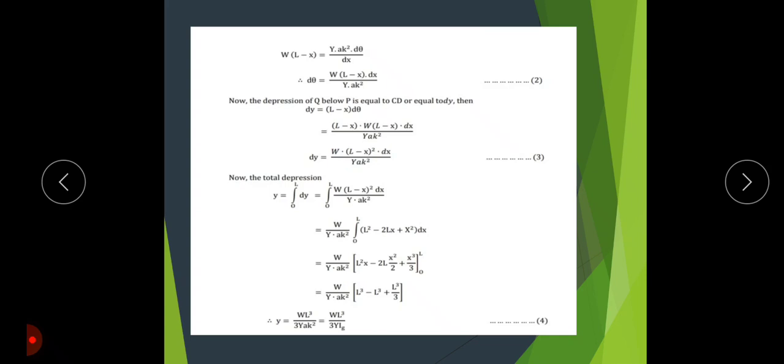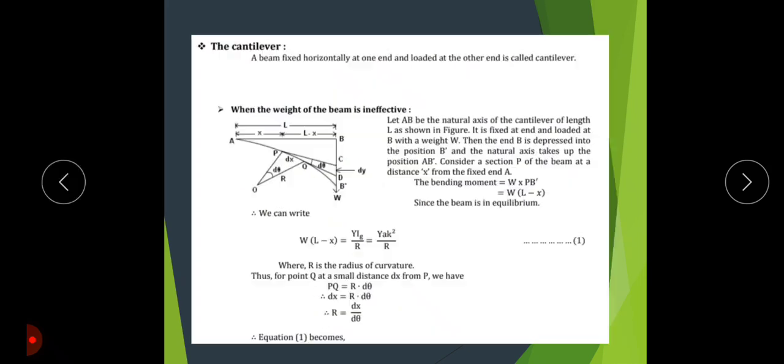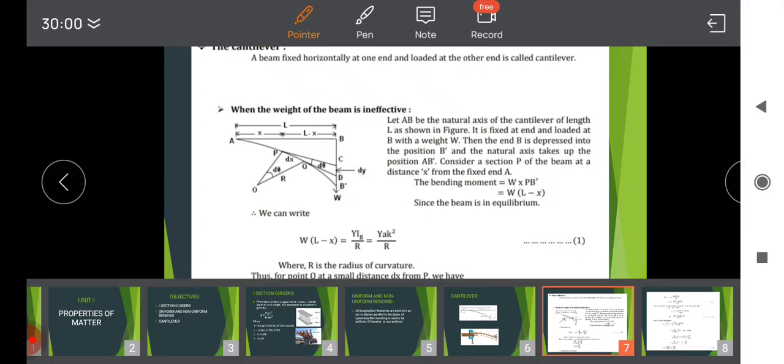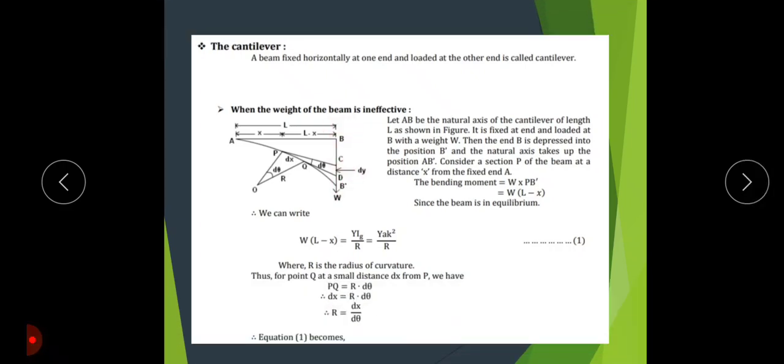Then next, we have to draw tangents to the neutral axis at P and Q. The tangent line drawn from the point P is PC, and the tangent line drawn from the point Q is QD, meeting the vertical lines through B and B dash at points C and D respectively.